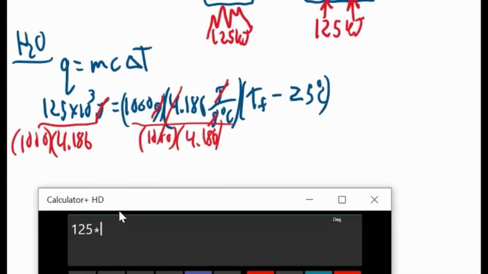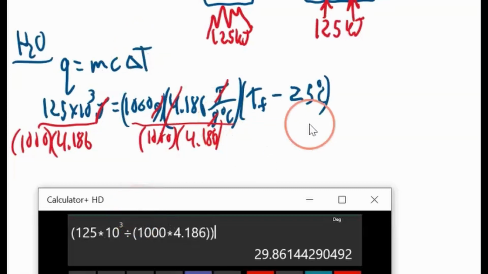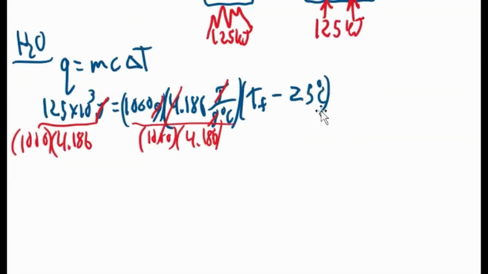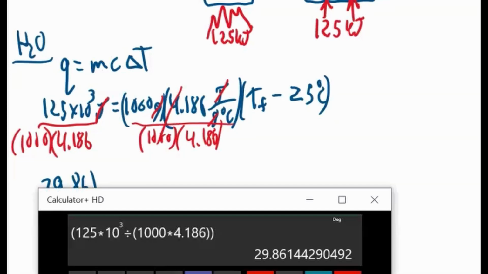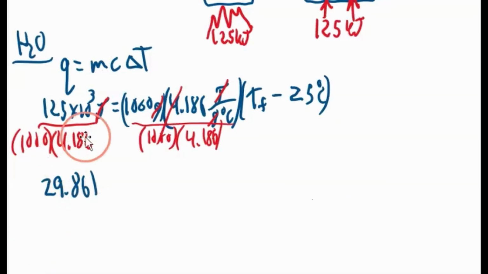So 125 times 10 to the power of 3 divided by, make sure we have brackets there, 1,000 times 4.186, gives 29.861. So on the left-hand side, we have 29.861, in degrees Celsius.